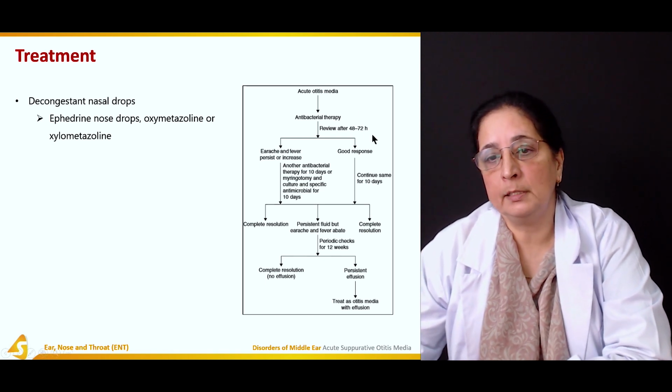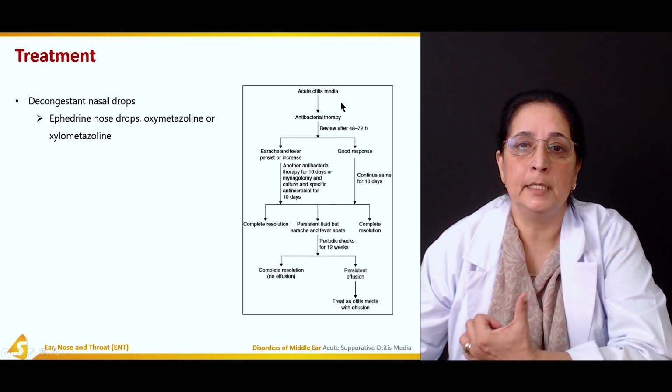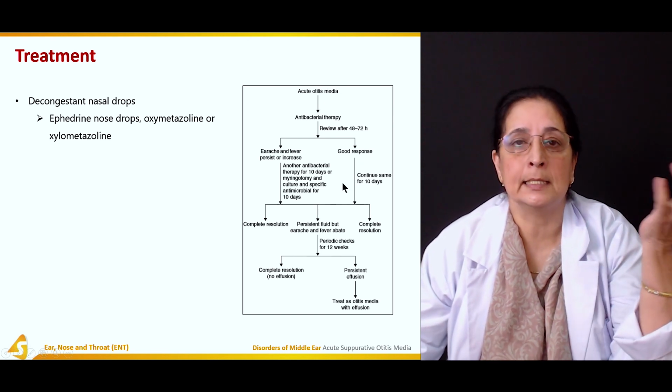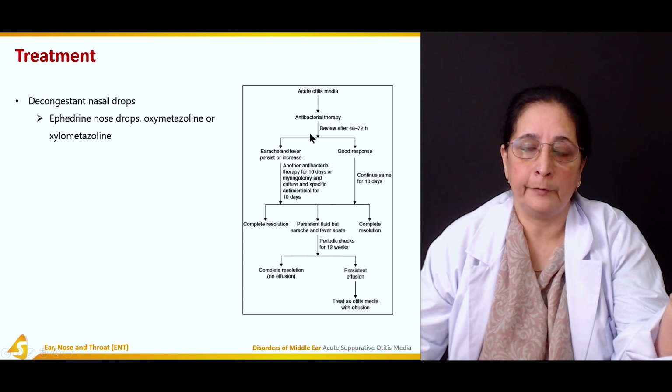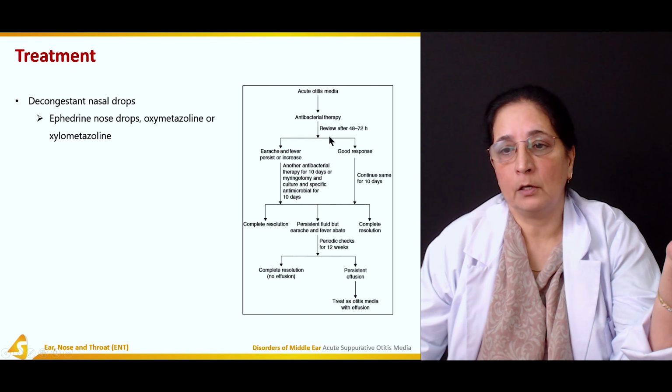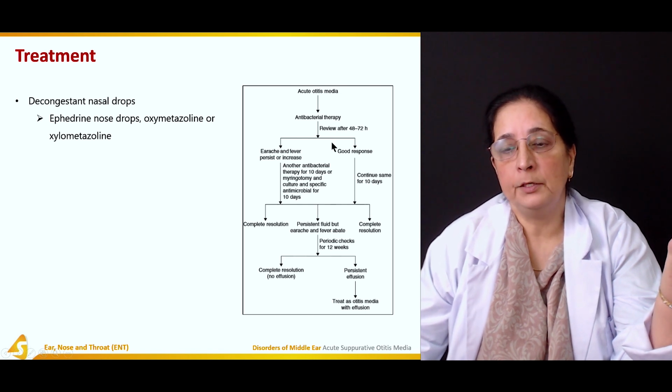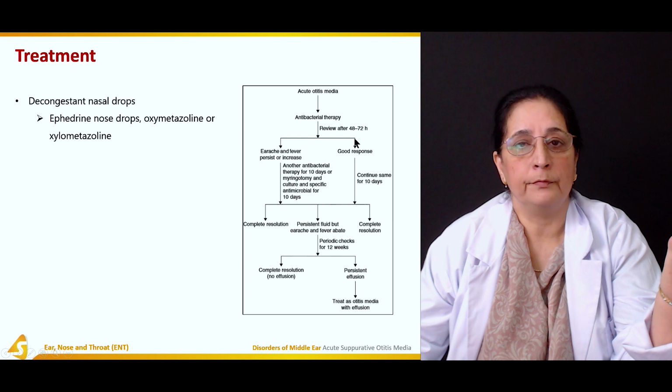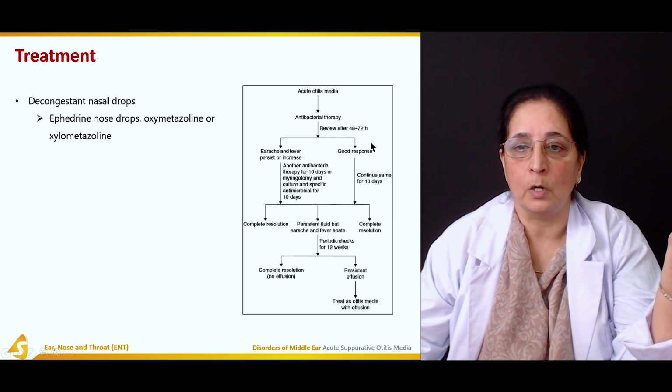Here, if you see somebody with acute otitis media, the first thing to try is, as we mentioned in the previous slide, some antibiotics. So antibiotic therapy, and usually the patient is reviewed after 48 to 72 hours.